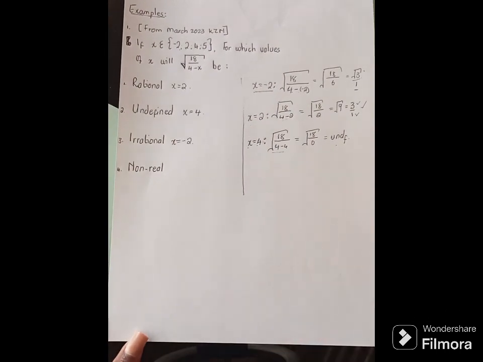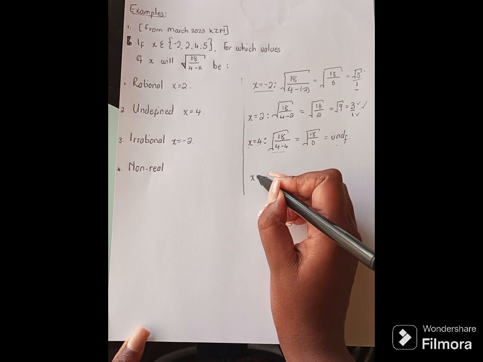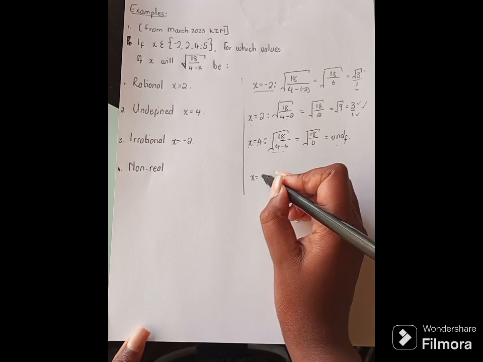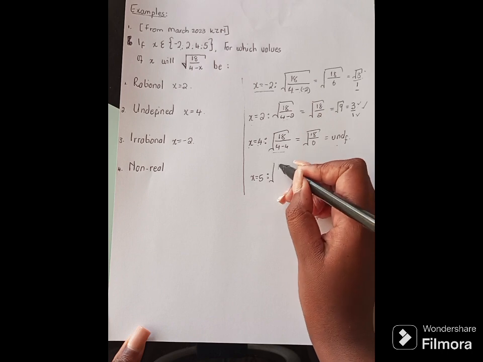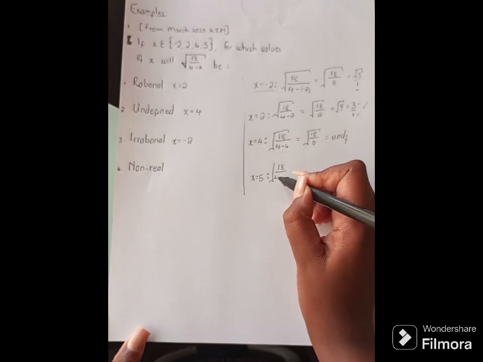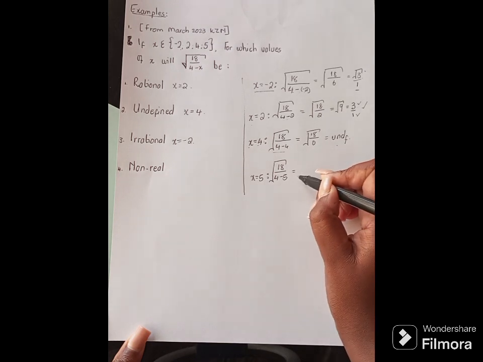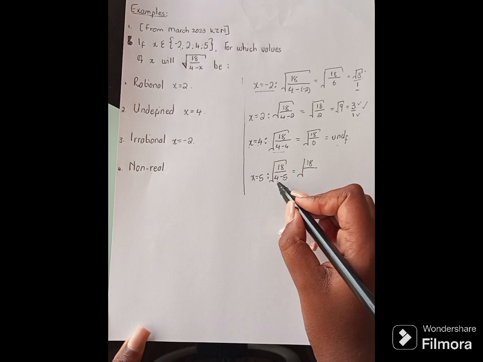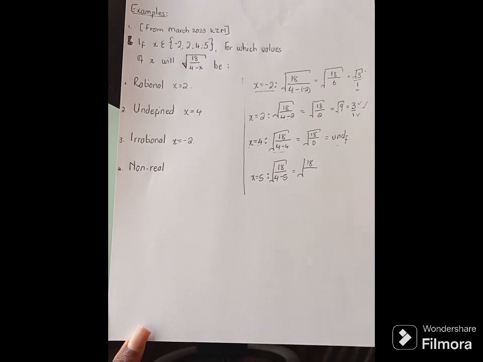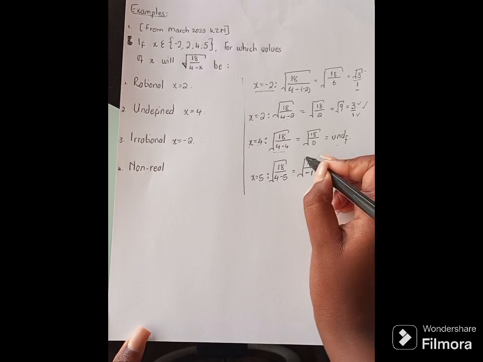Okay, then the other one is obvious because it is the only one that is left, but I will show you how we arrived at the conclusion that it is going to be non-real. So when x is equal to 5, what do we get? We get 18 over 4 minus 5. What does it give us? It gives us -1.